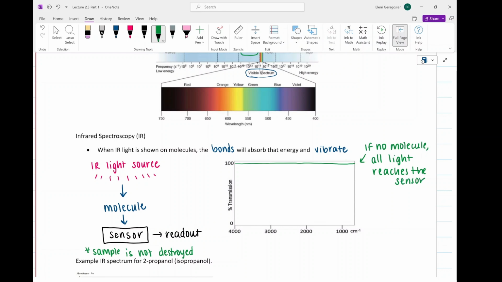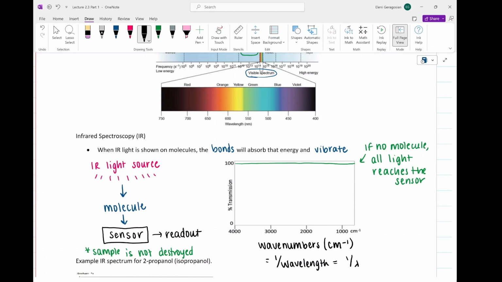And then light energies on the spectrum are measured in wave numbers, in units of centimeter to the negative first power. This is equal to 1 over wavelength of that light, or 1 over lambda, that's the symbol that we use for wavelength in chemistry and physics.